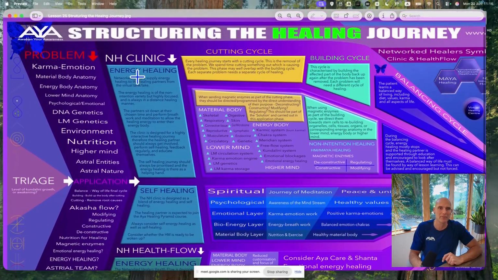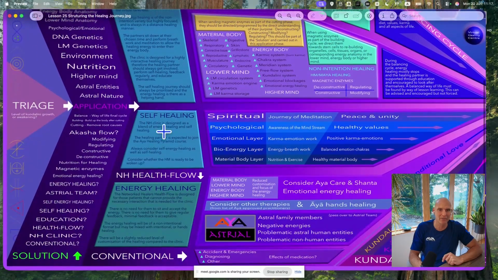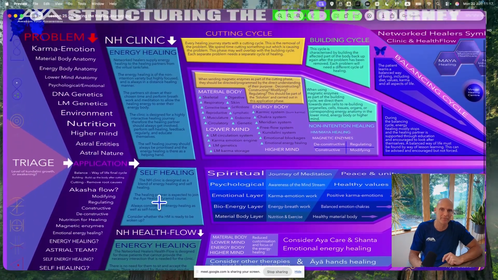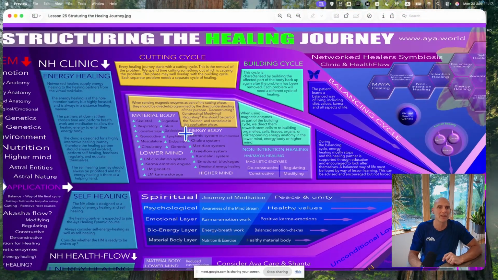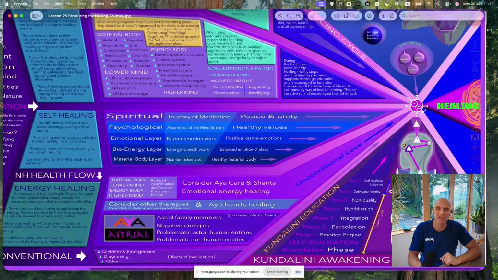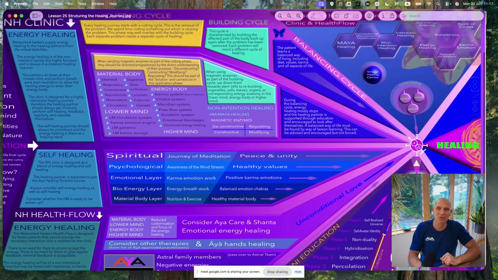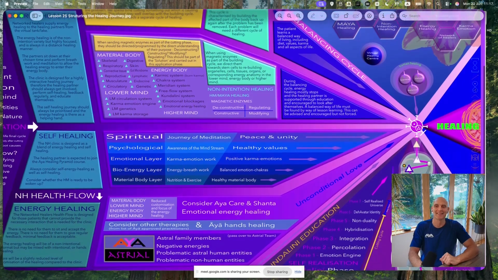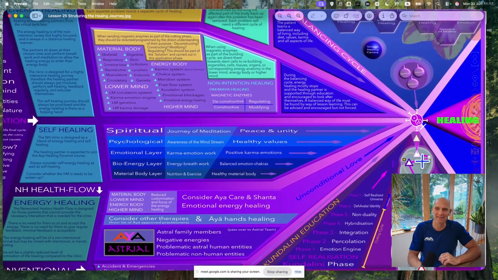You've also got some information on the Network Healers Clinic, self-healing, the health flow program, and more information about those programs here in the center. And on the end, you've got a reminder about the Kundalini system, spiritual evolution, and the actual goal of all of this. The whole goal of healing is self-realization.